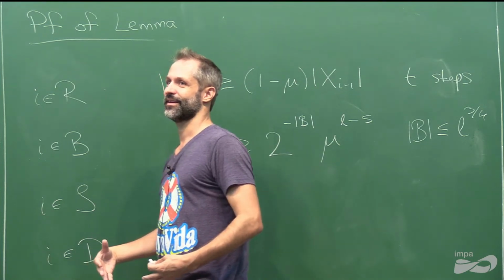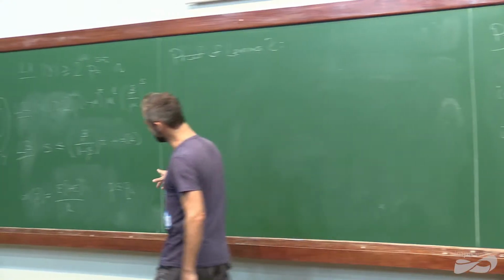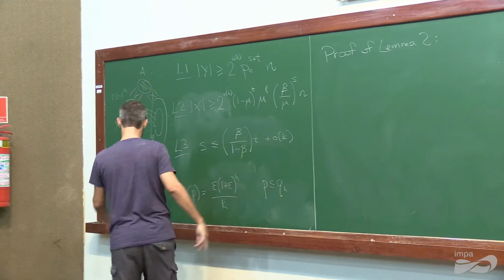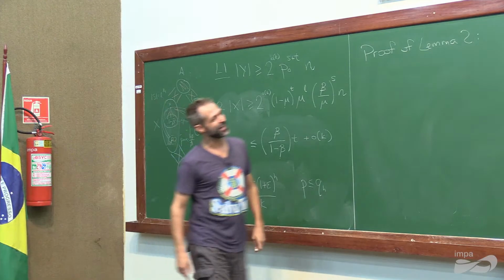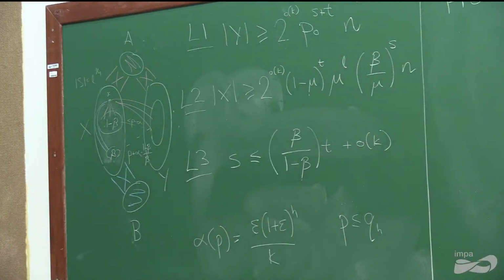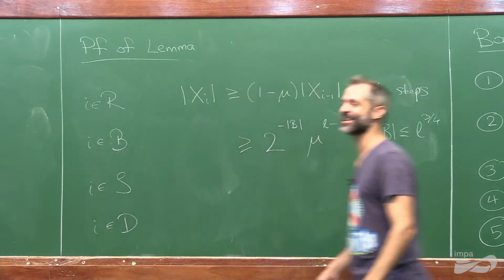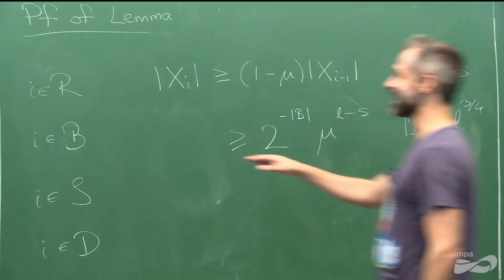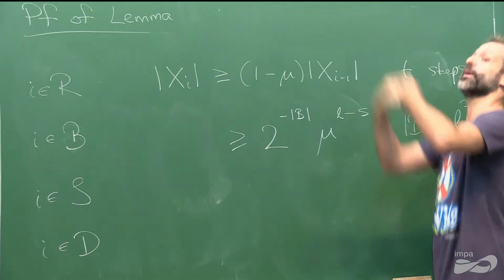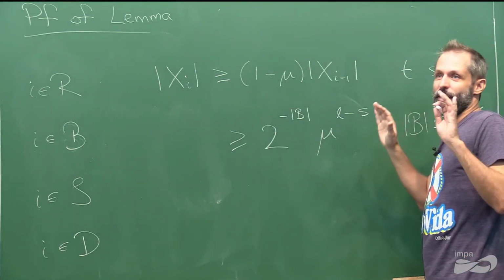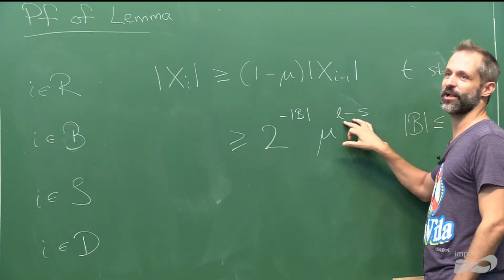Yeah, sorry, this is a curly B, and this is a beta. By context, around the other curly letters, that's how you can recognize it. So there's a set of indices, there are L to the 3/4 of them, and in each one you add a bunch of steps. We don't worry at the moment how many. We just know in total the sum of all those steps is at most L minus S.